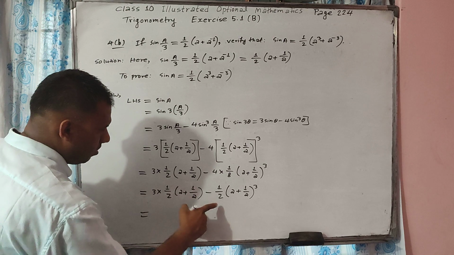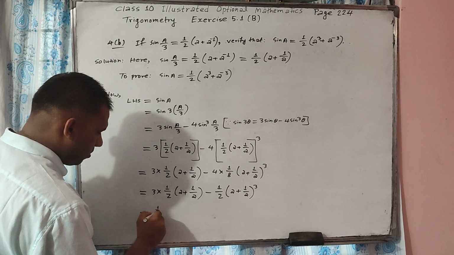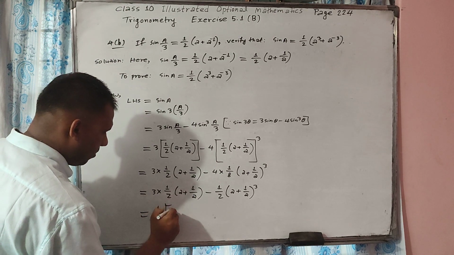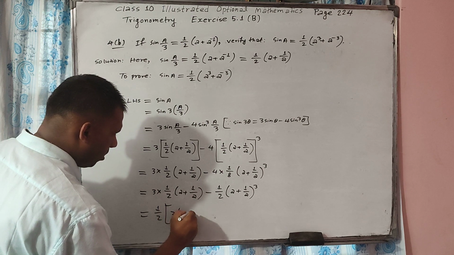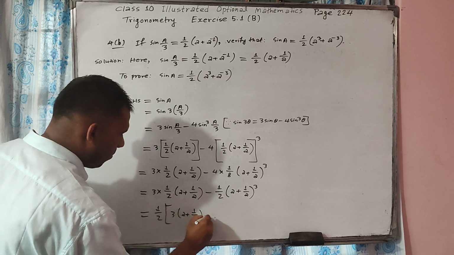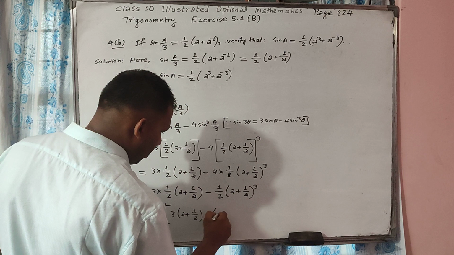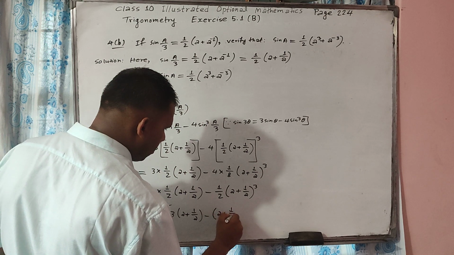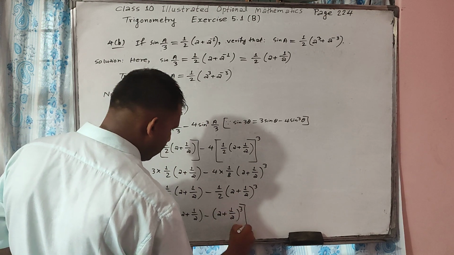From these two terms, 1 by 2 common, remaining 3 times a plus 1 by a, minus a plus 1 by a whole cube.